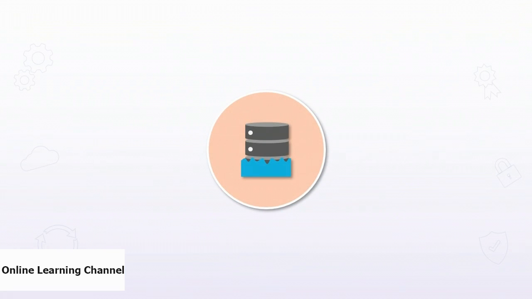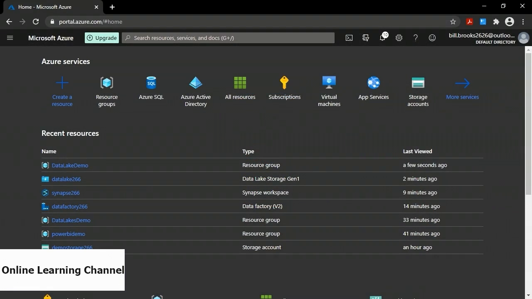In this video, I'm going to demonstrate how to use Azure Data Factory to copy data from Data Lake to Synapse Analytics. Data Lake is a common big data store for data sets that are destined for offline analytics. So this combination of Data Lake as the data source and Synapse Analytics as a consumer makes a lot of sense.